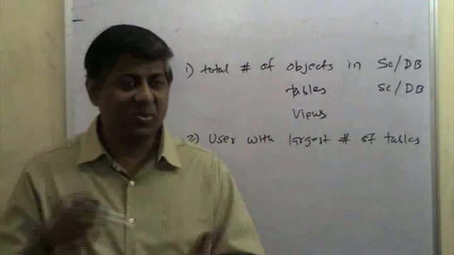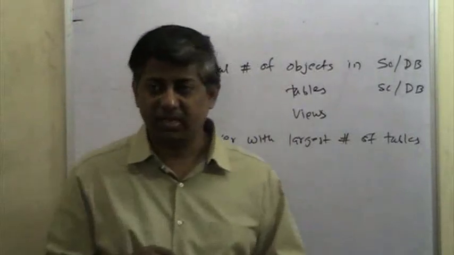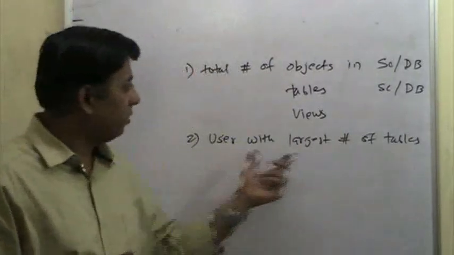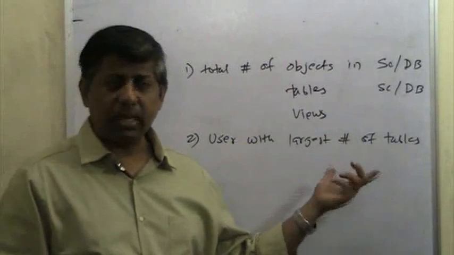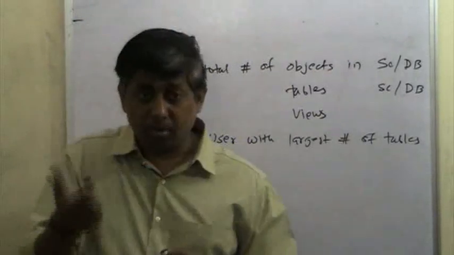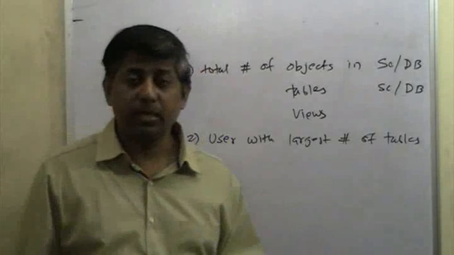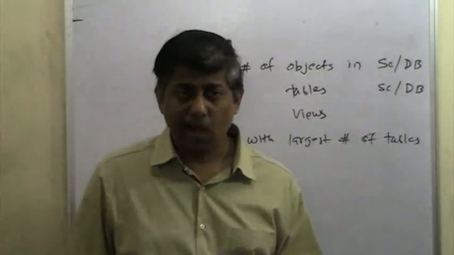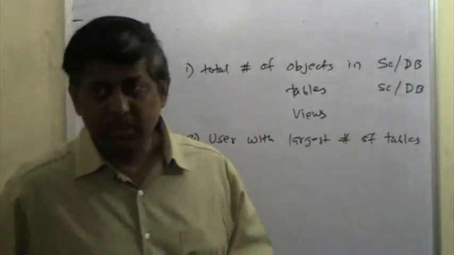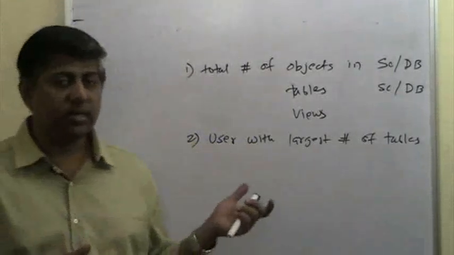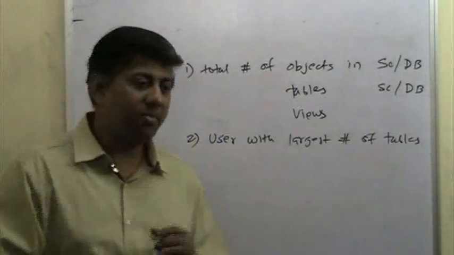Maximum count. So I want you to write an SQL statement for that. And I want you to tell me the name of that user who has the maximum number of tables, and maybe if you can tell me the total number of tables owned by that user, that would also be great. This is where you will be using count star and group by and having, all that stuff.